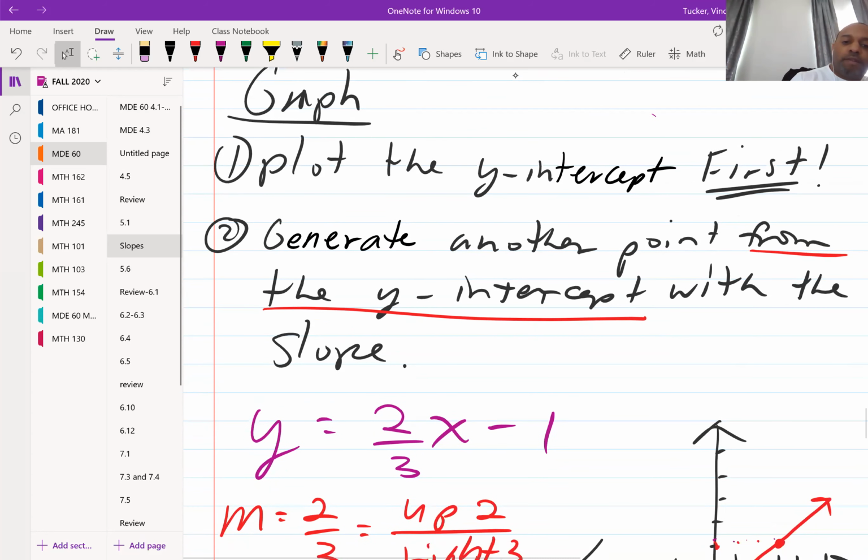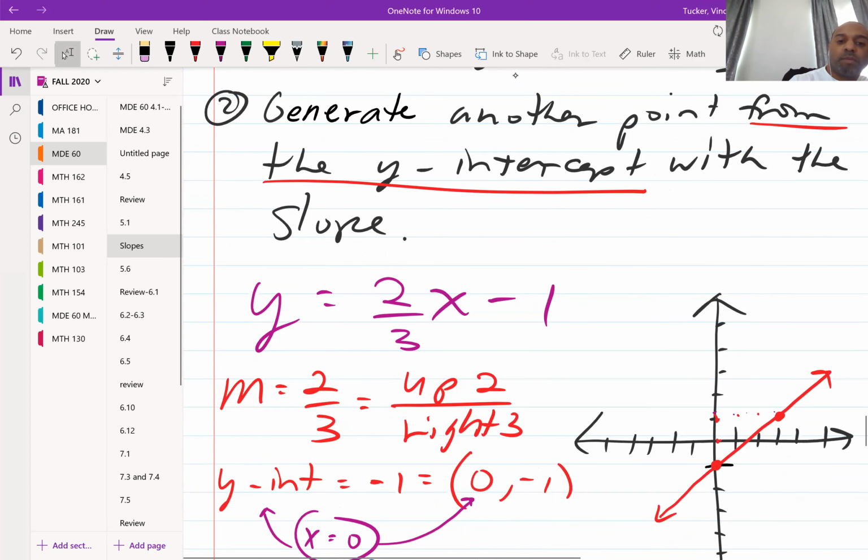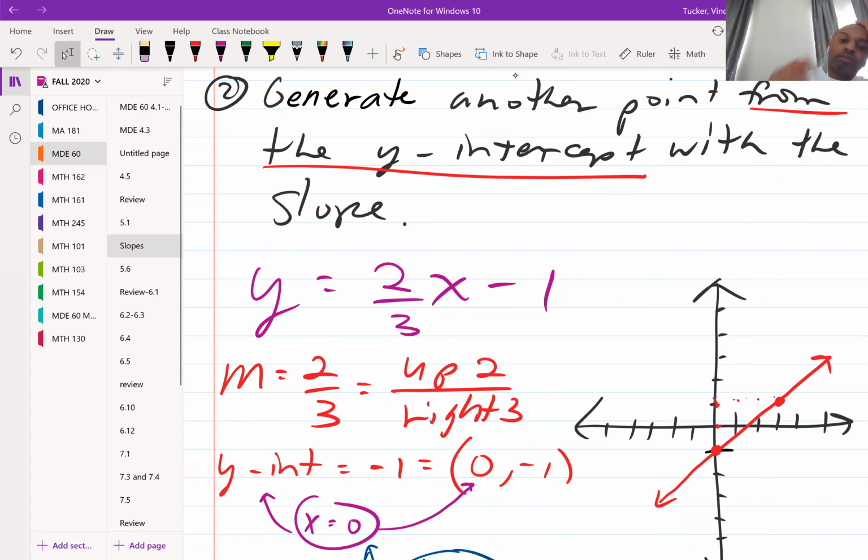All right, so we have this equation right here to graph, y equal to 2/3 x minus 1. Our slope is 2/3. Y-intercept is -1. So that's a +2 over a +3.